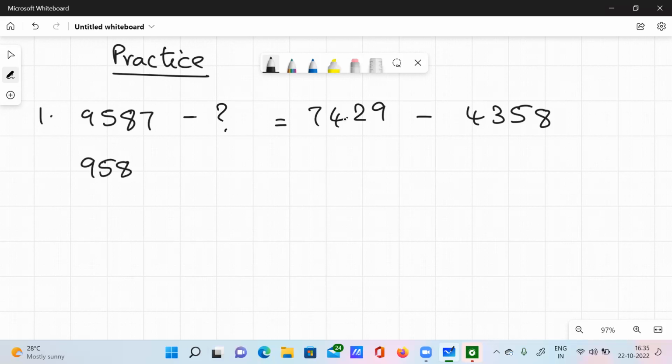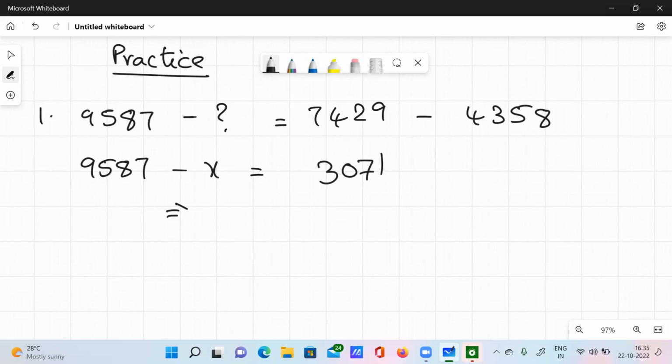See, like this, 7429 minus 4358, and you can consider the unknown value as x. If you subtract this, 9 minus 8 is 1, 12 minus 5 is 7, 3 minus 3 is 0, 7 minus 4 is 3. So this is the value.